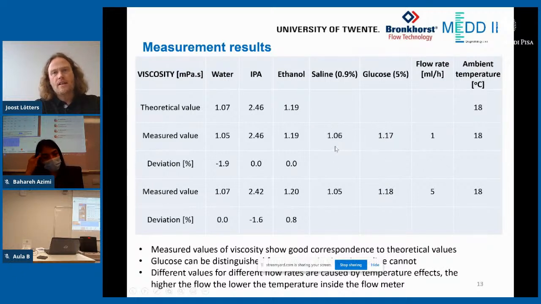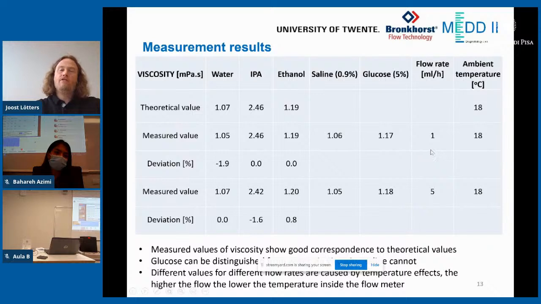And what we see is that saline apparently cannot be distinguished from water via viscosity, because these values are too close to each other. So you cannot tell how much the saline concentration is in water. But for instance, glucose, you can clearly see at least above this 0.5% values of concentration.